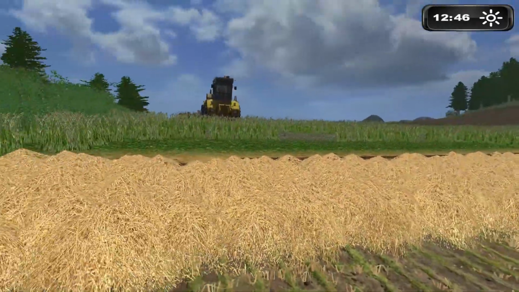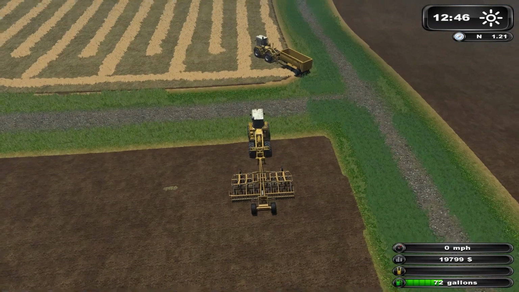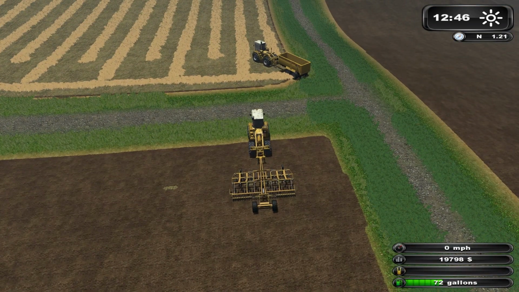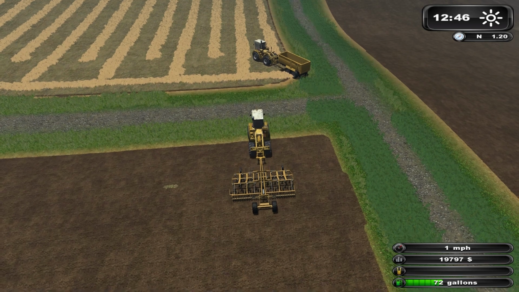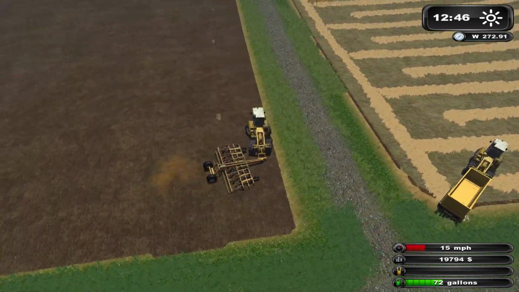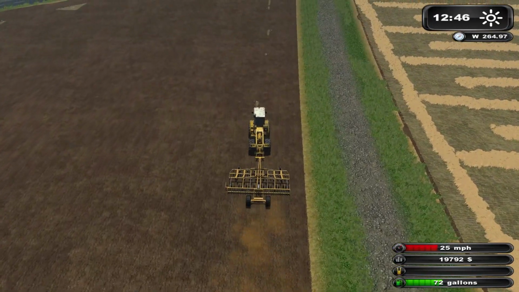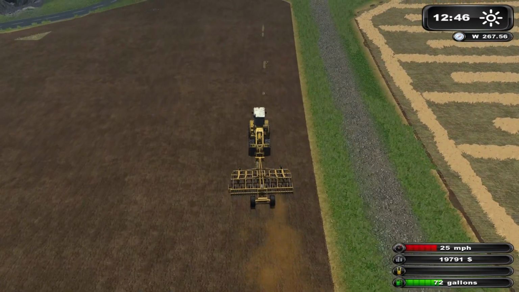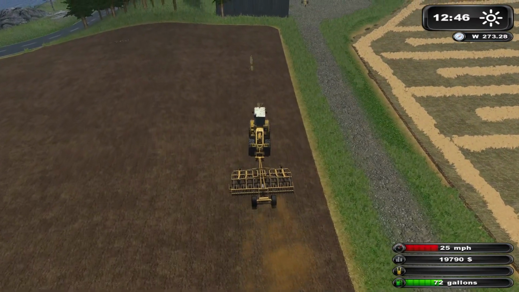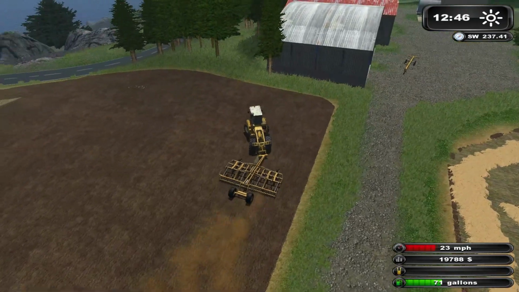Let me bail out of there. I'm going to head over here and get him going again. I'm kind of curious. Oh, yeah, he's leaving little bits. I don't even know if these little bits matter. I may be costing myself more in fuel just to come along here and do this than is worth it.